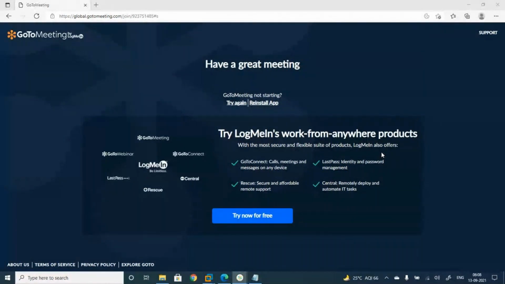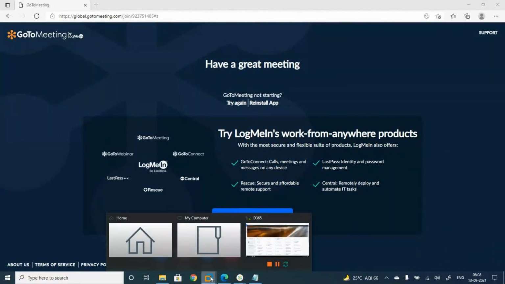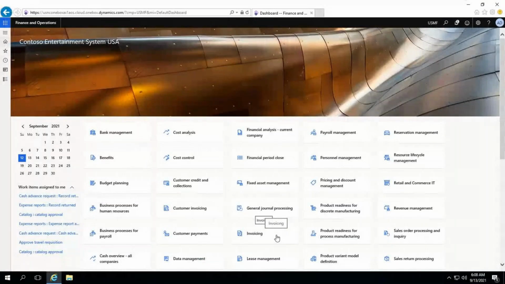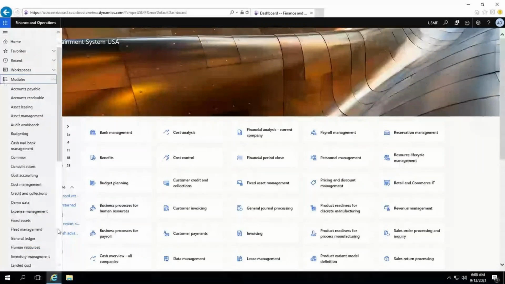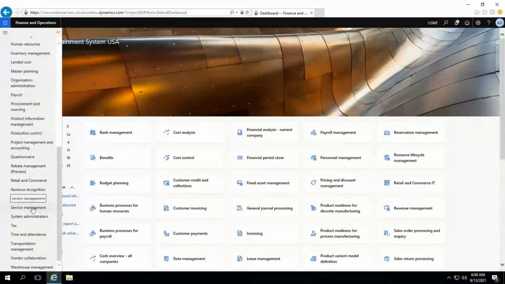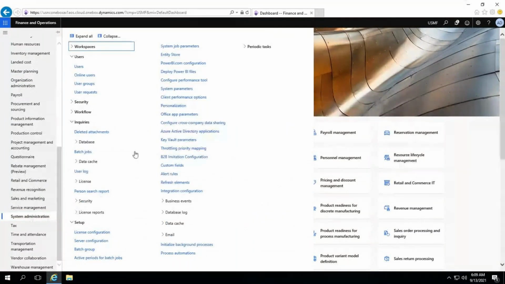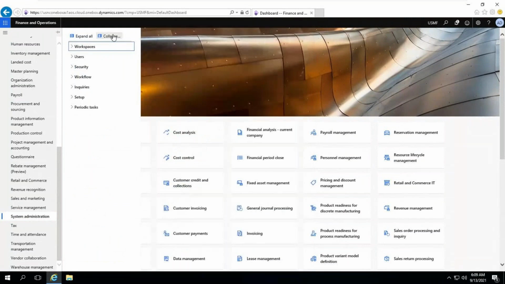I want to show one more thing, because the system performance sometimes goes down, and I want to give you clarifications. Let me share my screen. You need to understand this very clearly, and you should not follow it blindly. Go to System administration, collapse all, then Inquiries.